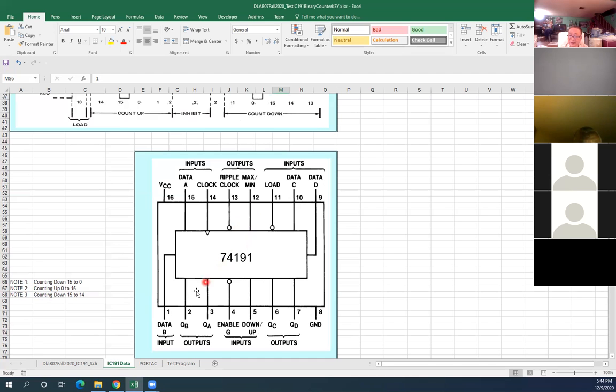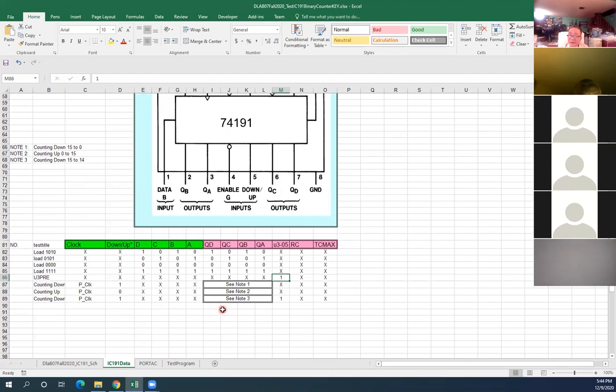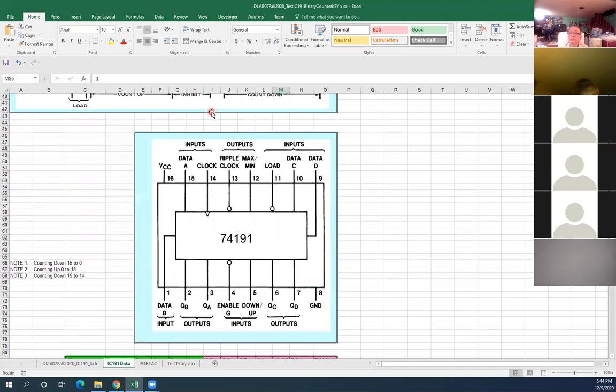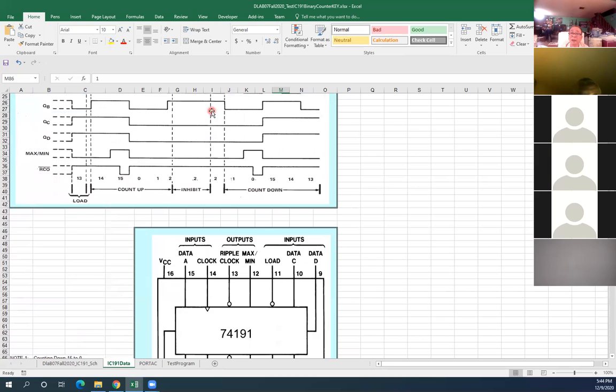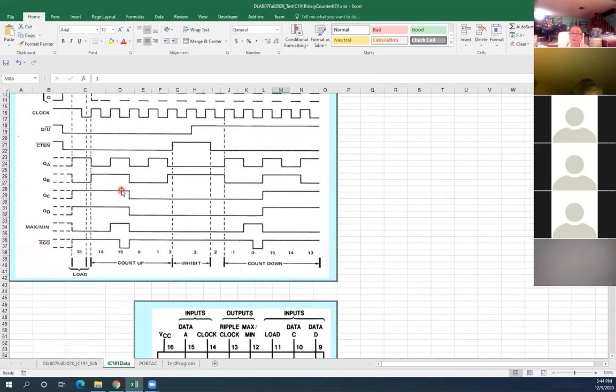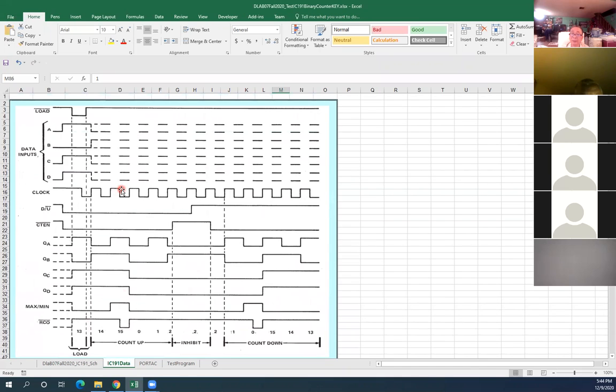Okay, so let's see the timing diagram here. Active high means that when something happens, it goes high. However, normally it will be low. That means active high.